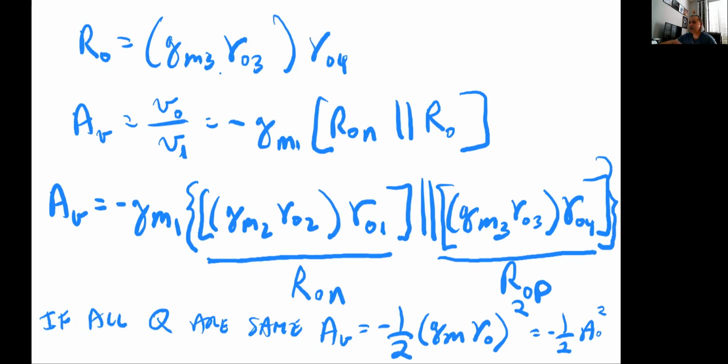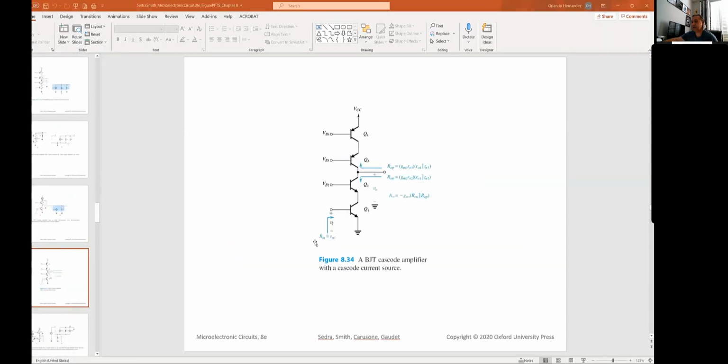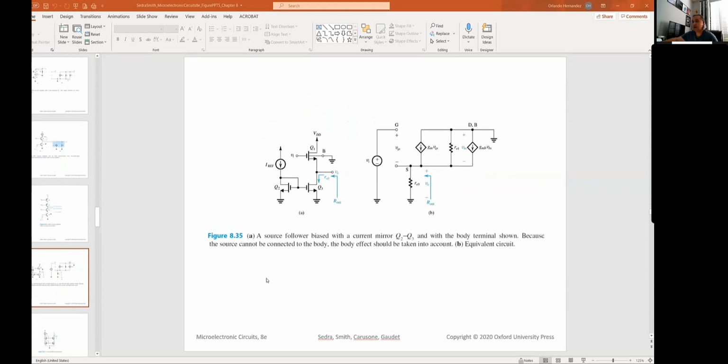So let's take a look at that next. And that is going to be, just as a reminder for you, in figure 885. So here you see an IC. Remember that the source follower, we had the load at the source and the input, of course, at the gate, but the drain was a signal ground.